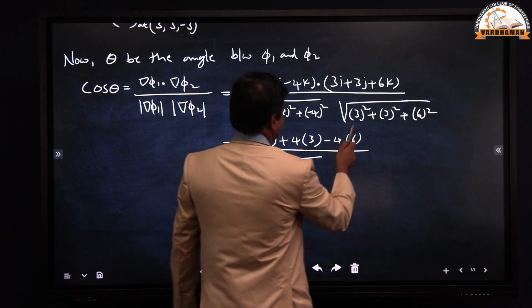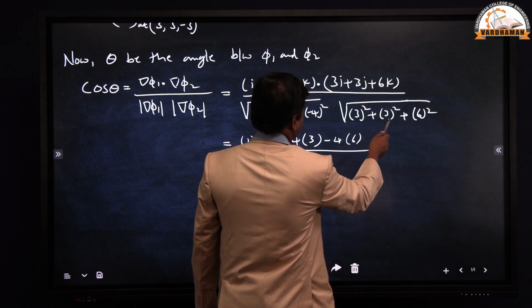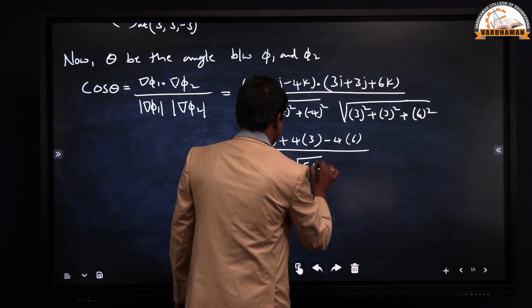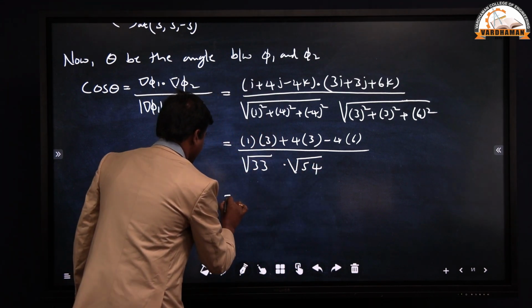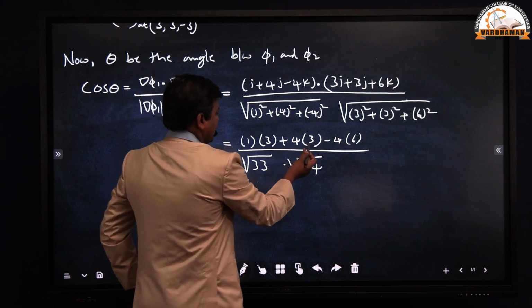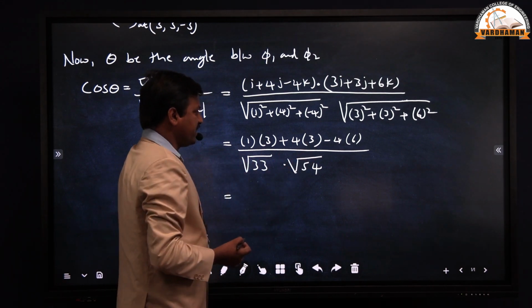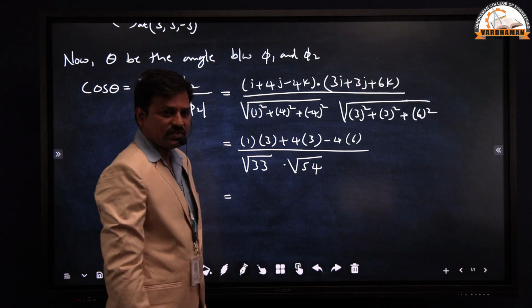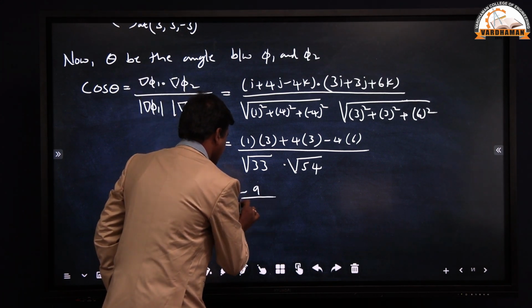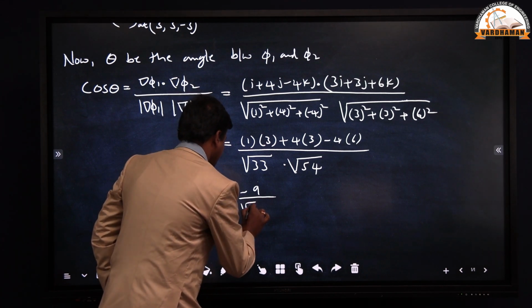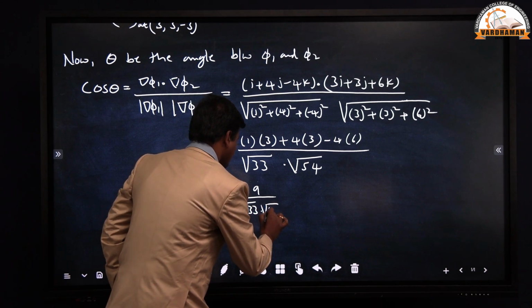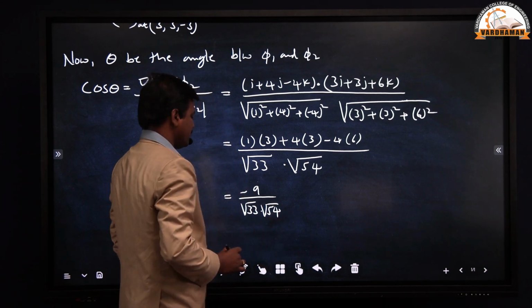Next, 9 plus 9, 18, plus 36, 54. This equals 3 plus 12, 15, minus 24, minus 9, by root 33 into root 54.